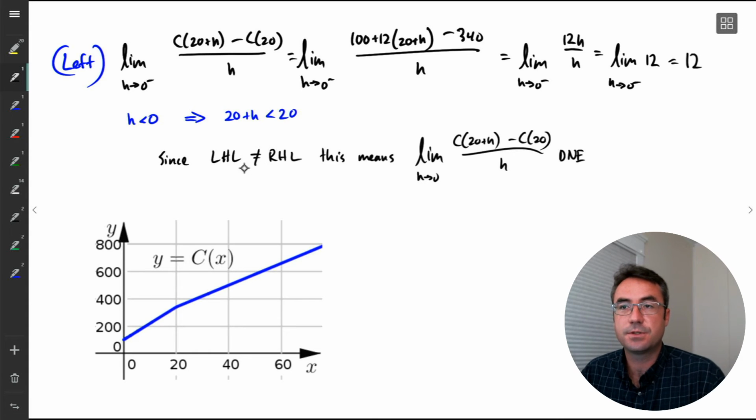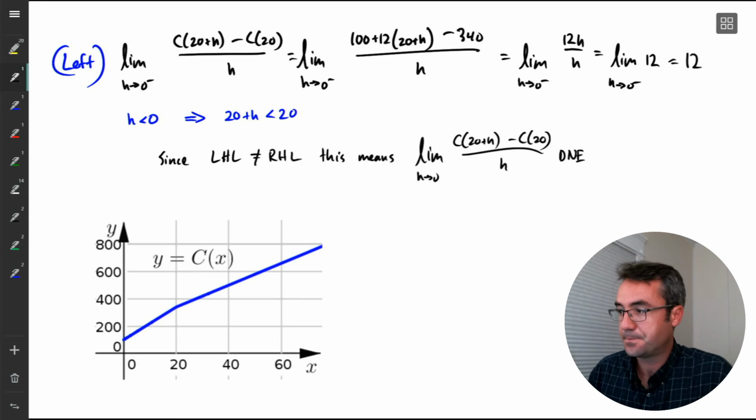So since the left hand and the right hand limits we found were 12 and 8, since they're not equal, our overall limit does not exist. And because this overall limit does not exist, which is our derivative type calculation, it means our function here is non-differentiable at x equals 20.